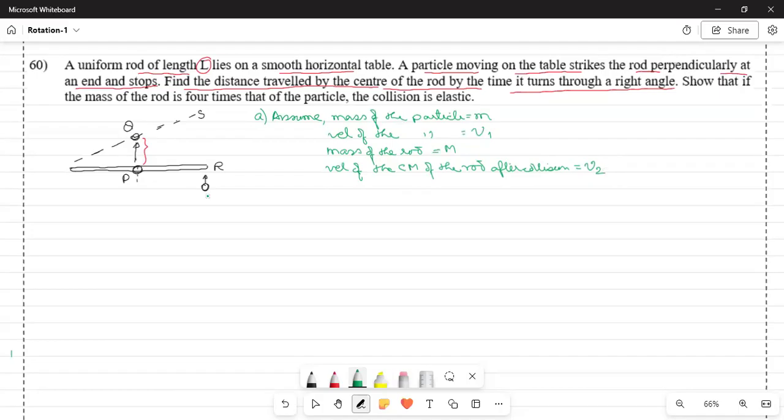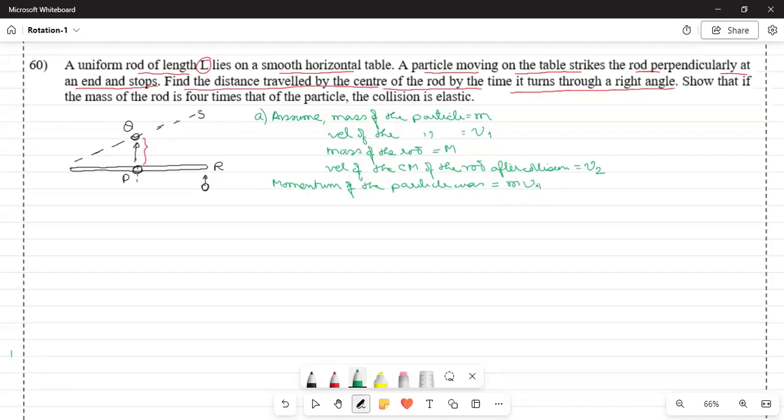So what was the momentum of the particle? The momentum of the particle was small m v1.